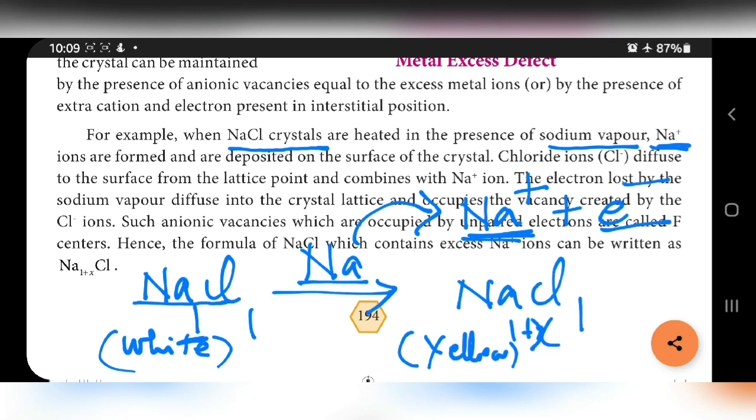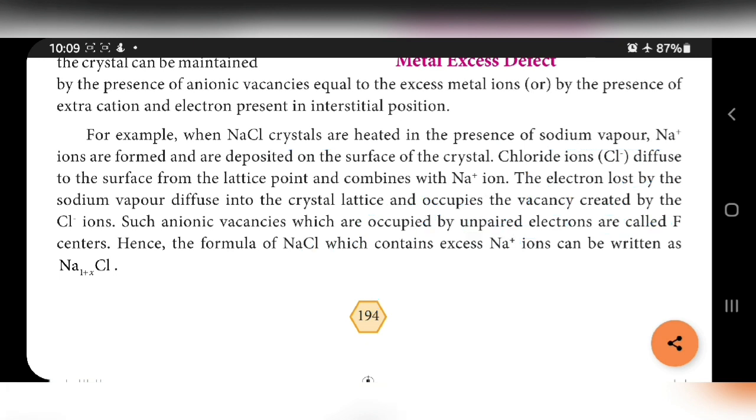The electron lost by the sodium vapor diffuses into the crystal lattice and occupies the vacancy created by the Cl minus ion. Such anionic vacancies which are occupied by unpaired electrons are called F centers.